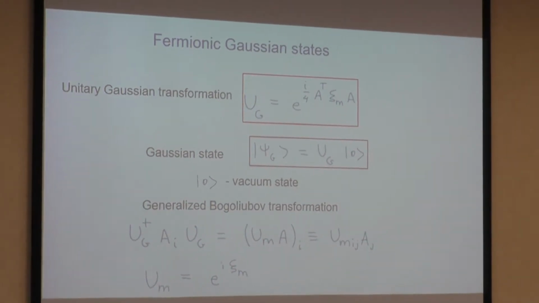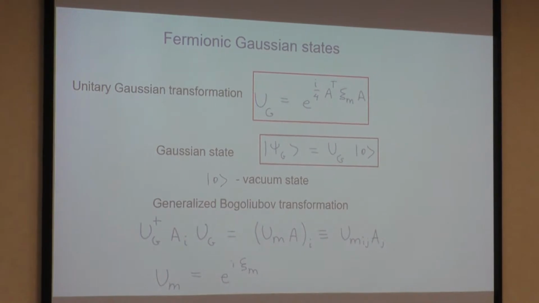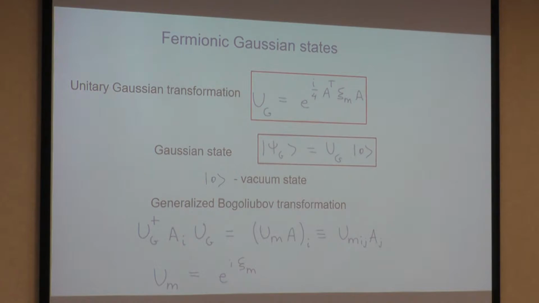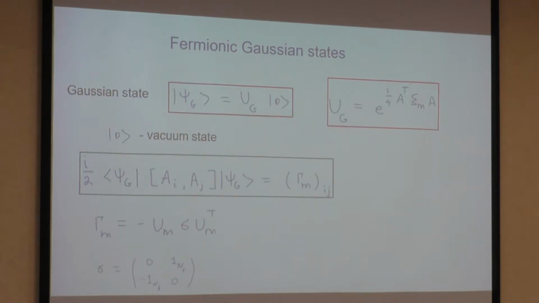You can see that the structure is again very similar: this rotation matrix is just the exponent of the matrix which we have in the Gaussian transformation. One difference is that in the case of bosons, because bosons commute, the matrix was symmetric, but now this Majorana matrix psi has to be anti-symmetric.